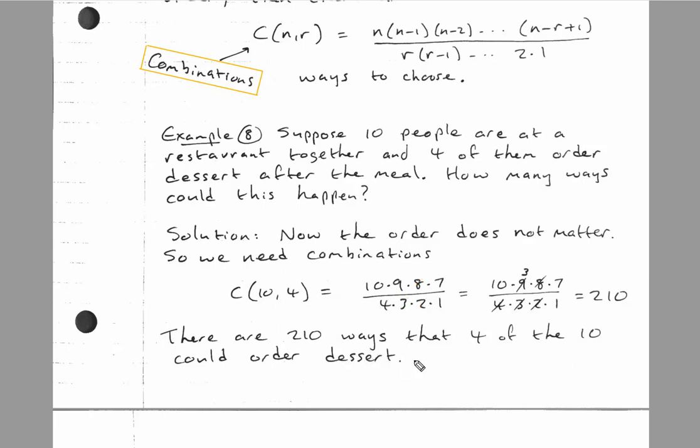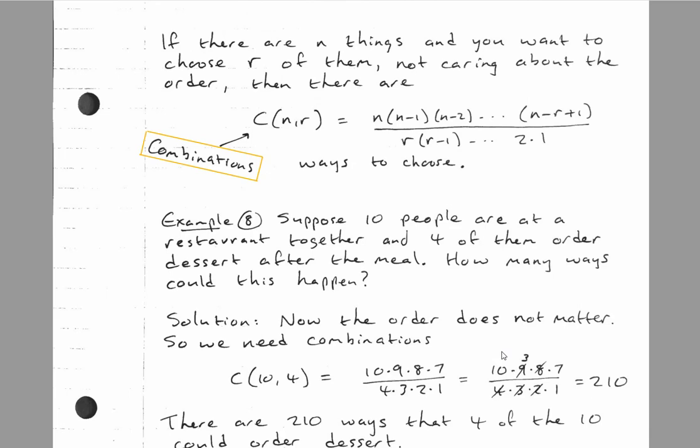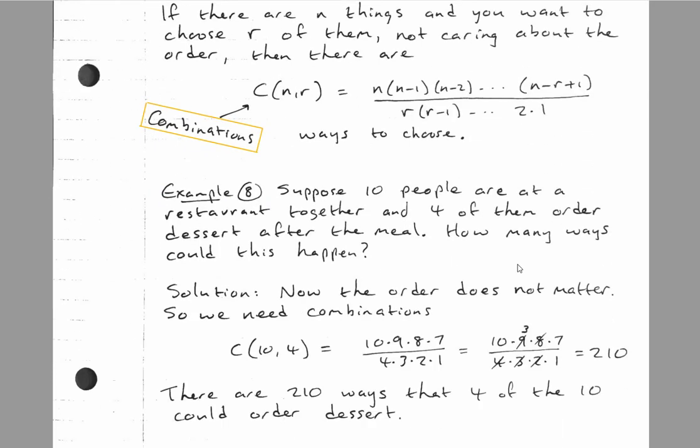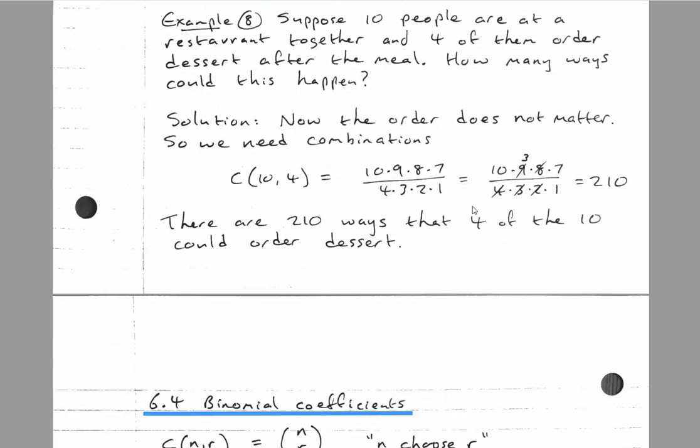All right, so there are 210 ways that 4 of the 10 people can order dessert. When you're looking at combinations, it's always smaller. Here we're choosing 4 from 10, but if we care about the order, there are lots more ways. Permutations give bigger numbers.